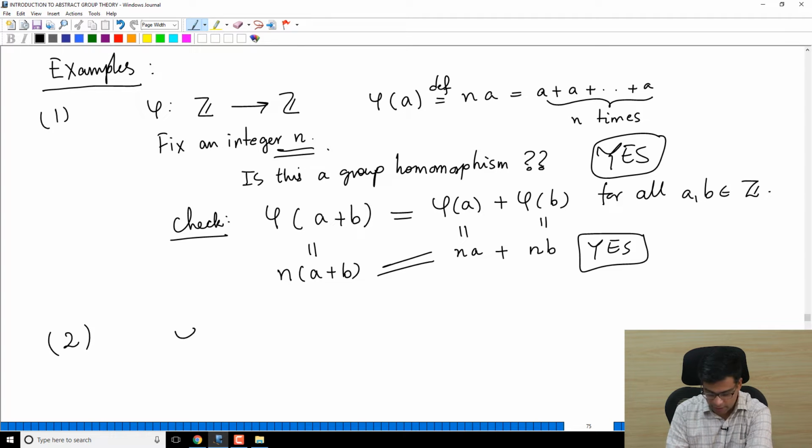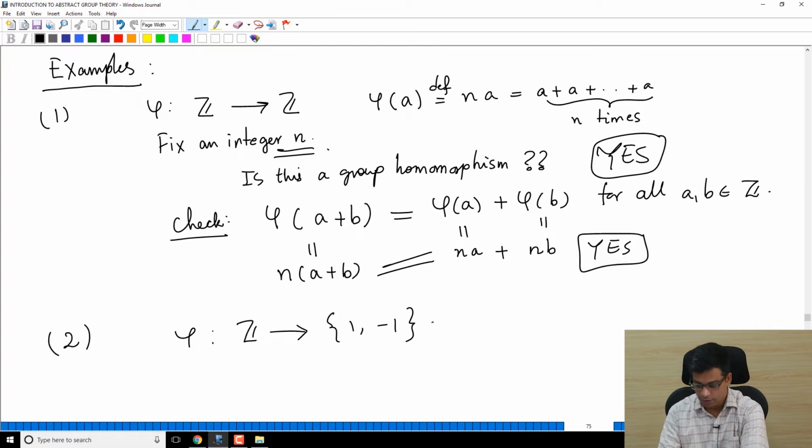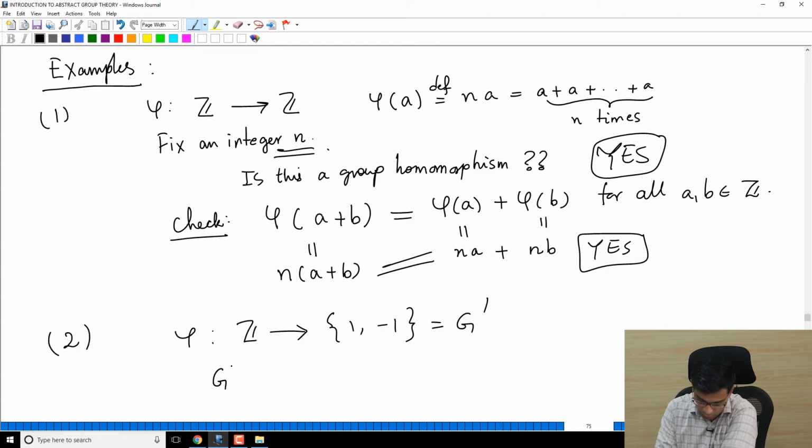So let's say I consider phi. Maybe I'll keep using the letter phi for all these homomorphisms. Let's say I have {1, minus 1}. I take this to be G prime. We have not seen this explicitly before, but is this a group? Is G prime a group?